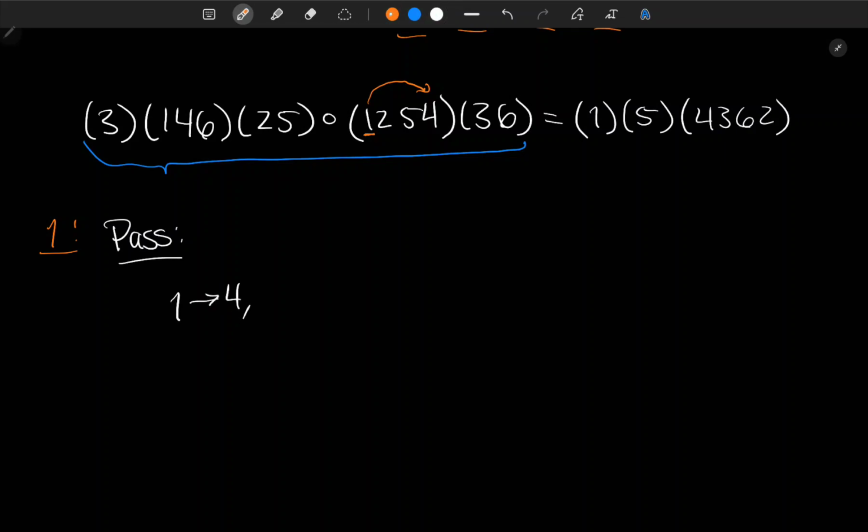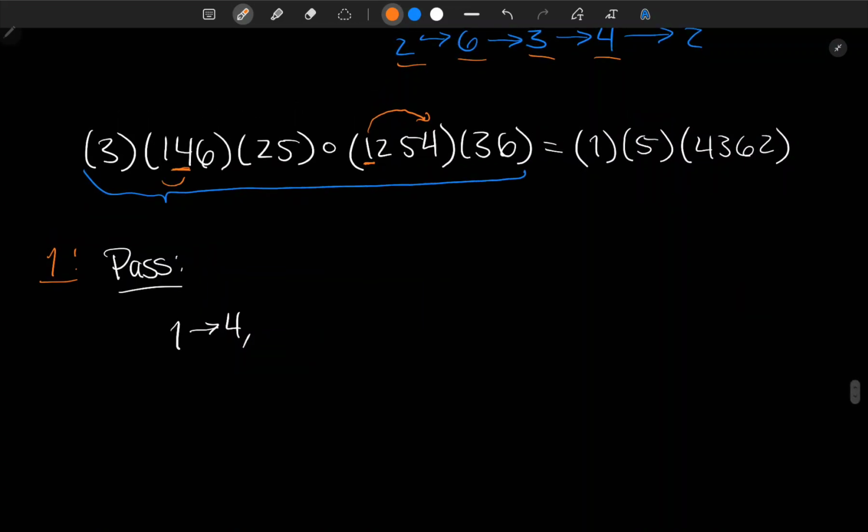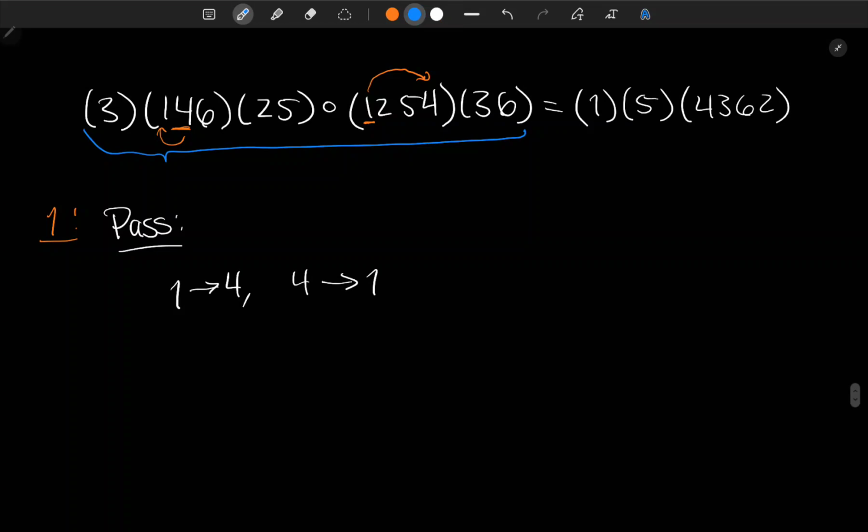Great. Then we move on to the left composition. So here we look for 4. 4 gets mapped to 1. So we write 4 goes to 1. But this forms a full cycle. We go from 1 to 4 and then from 4 to 1.